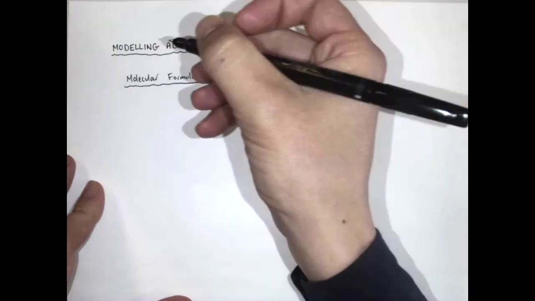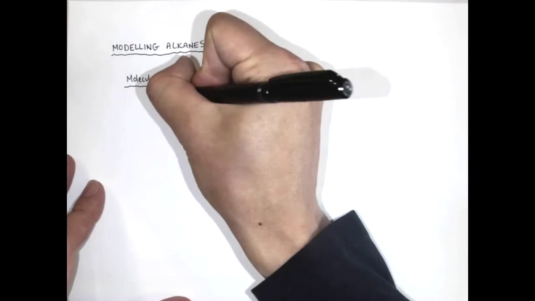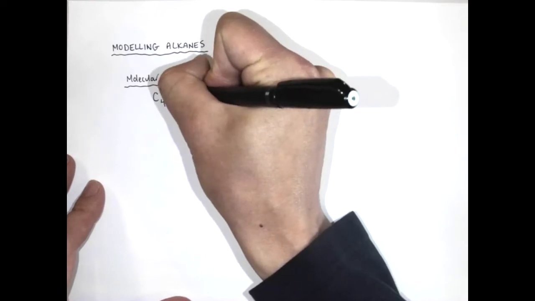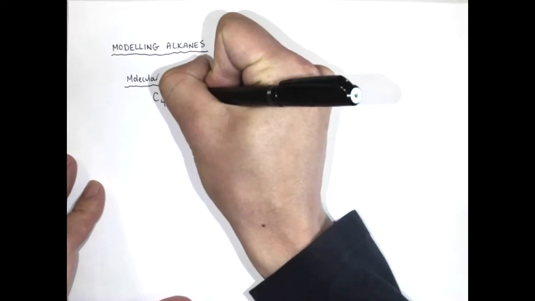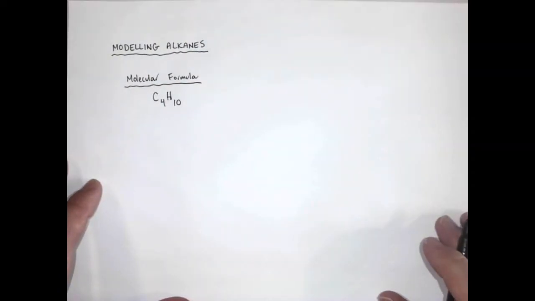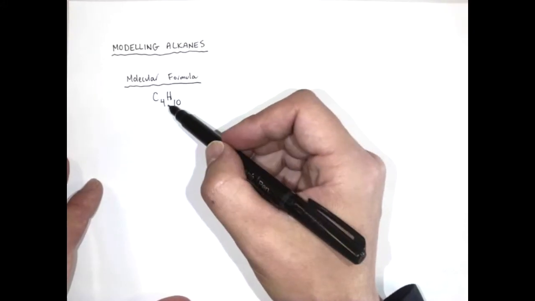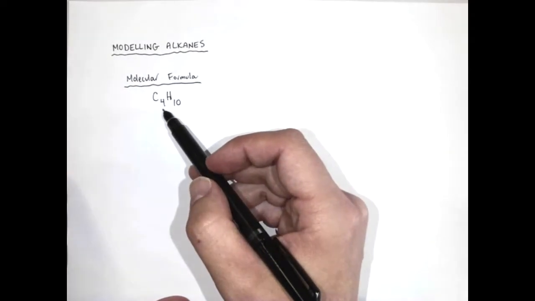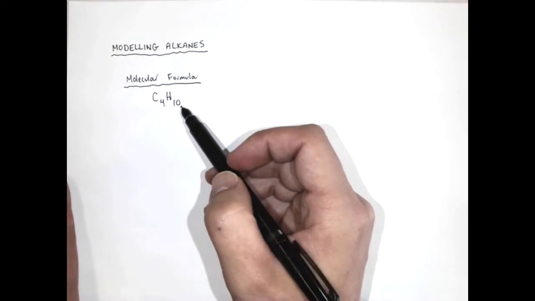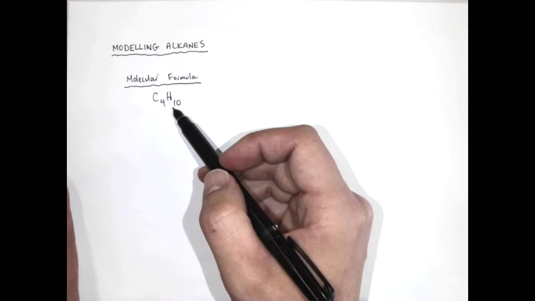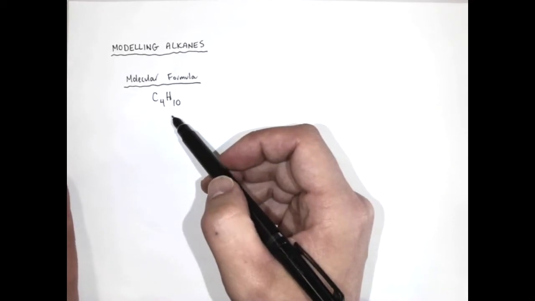So when you write out the molecular formula for butane, butane has 4 carbons and 10 hydrogens. In the molecular formula, the only information it really tells us is that a molecule of butane has 4 carbons and 10 hydrogens, but there's not really much more that you can glean from that.